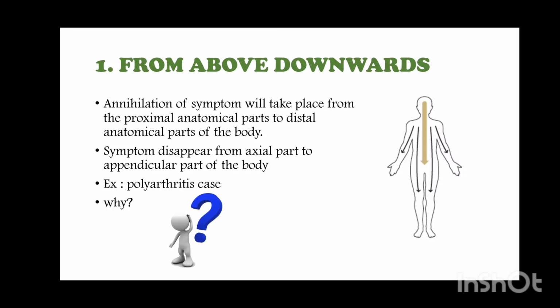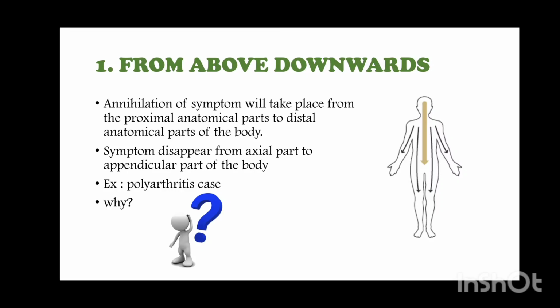Symptoms disappear from the axial part to the appendicular part of the body. The law talks about the annihilation of the symptoms taking place from the proximal part and then going to the distal part. Basically, the cure takes place from above onto downwards.